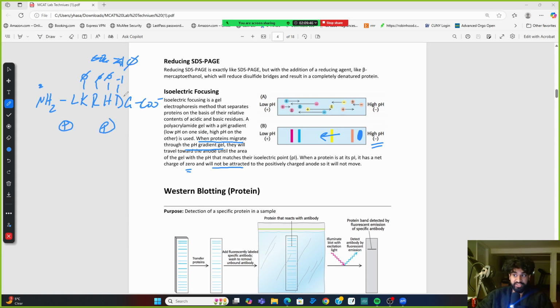Once two things on this are protonated, we now have a 0 charge. It's going to stop dead wherever it is because a 0 charge can't be attracted to anything anymore. So that will tell you the PI of that. It's going to attract toward the positive, and it's going to stop dead whenever it's been protonated enough.